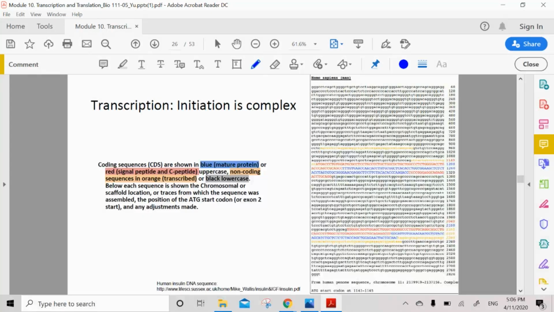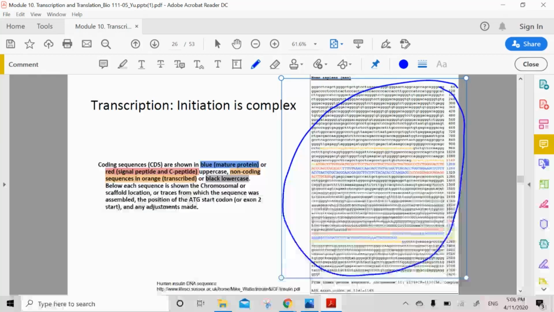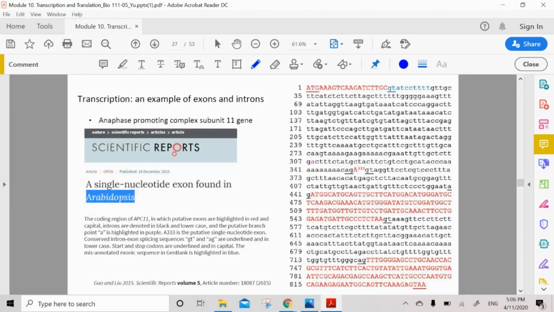And once the proteins are at their destinations, those signaling components will be removed. Okay, so they're not in the final product, but they are important. They need to be transcribed. So you can see that for such a big gene sequence, the part that really codes for proteins is just the red and blue part. That's actually pretty amazing when you think about it.